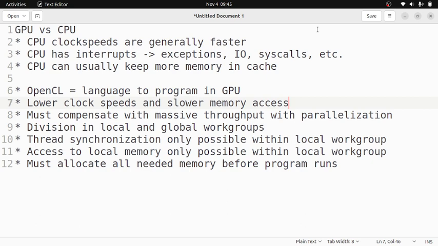For example, if you have 128 threads in a local group and you start a kernel with 1024 global ones, if you want to synchronize, you can only do so within the threads in this 128 group.